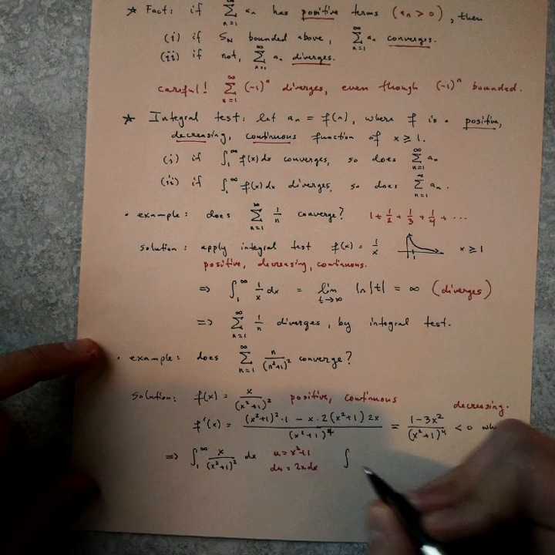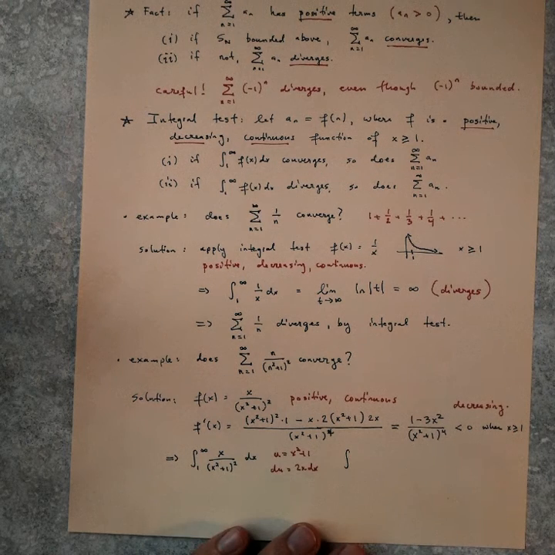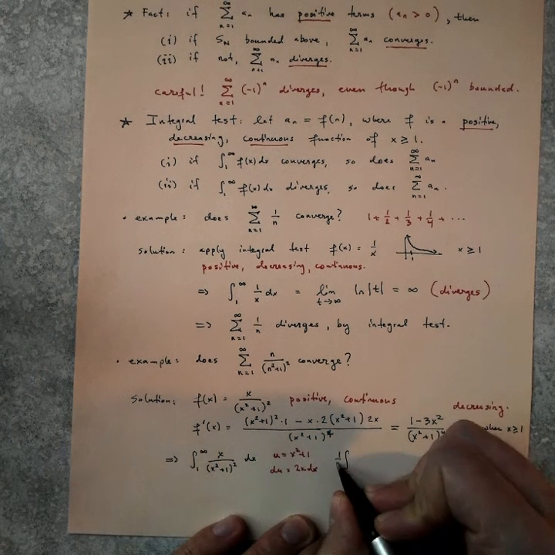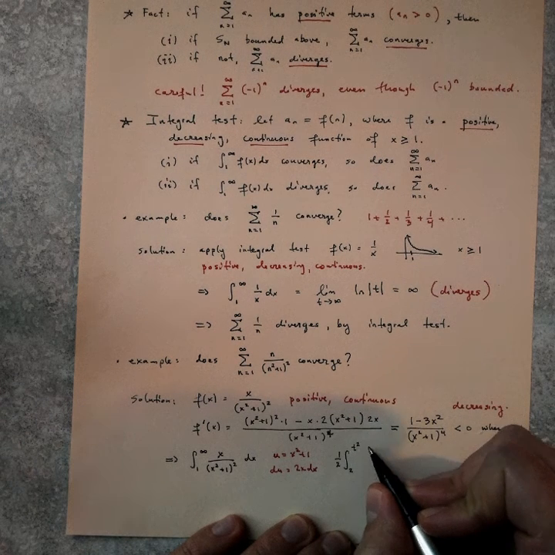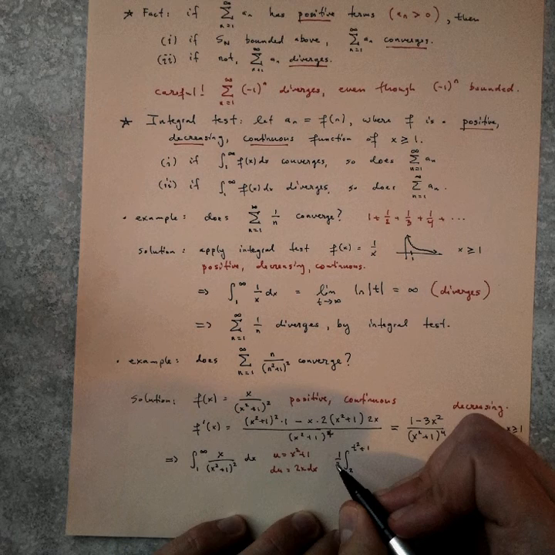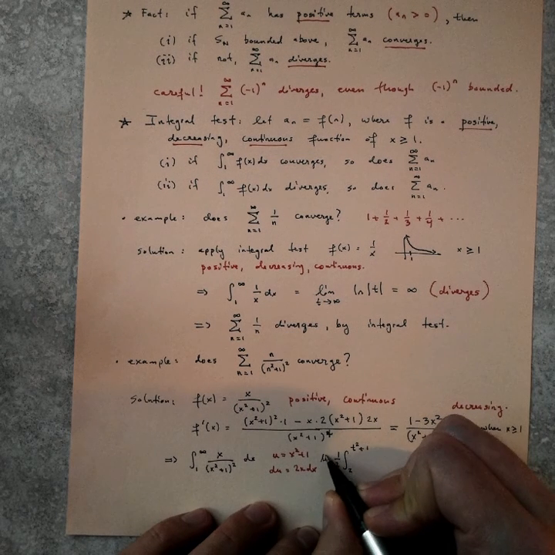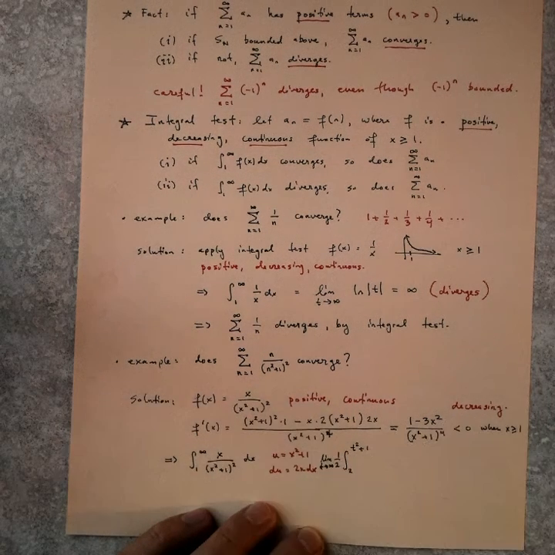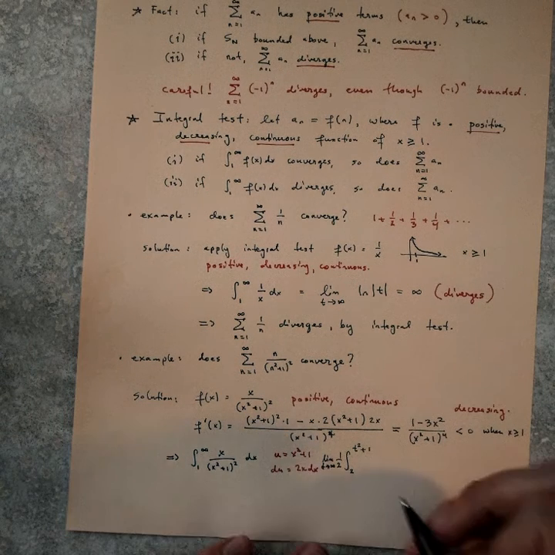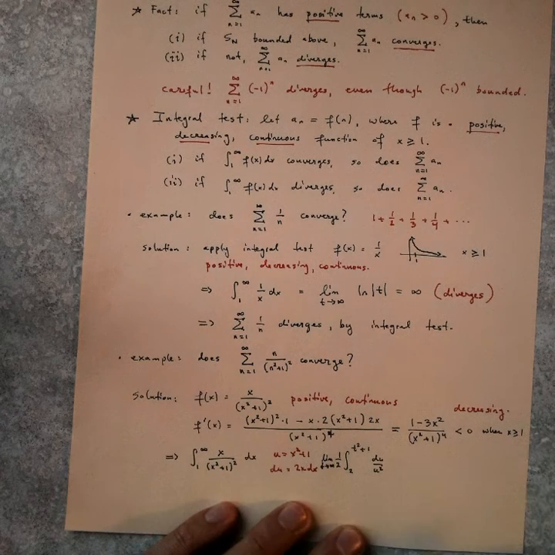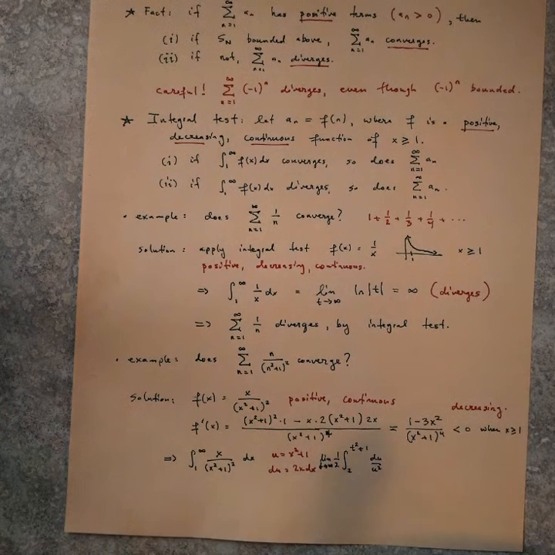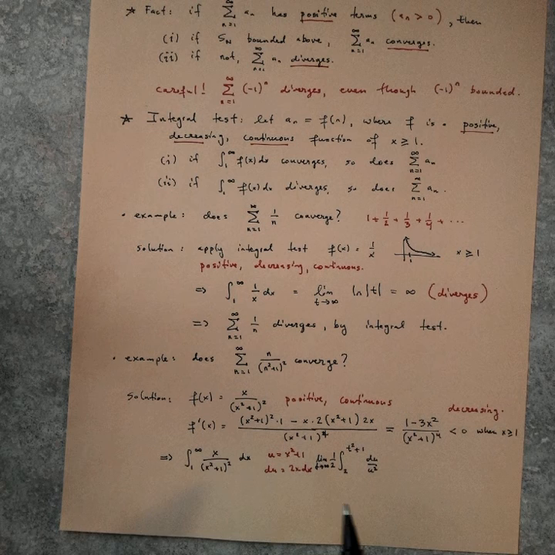So this turns into the integral from 2 up to t squared plus 1, and I'll take a limit as t goes to infinity of du over u squared. So the 1/2 comes from this 2 when you're replacing all the x's by u's.